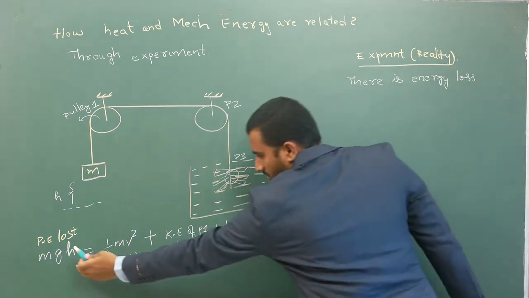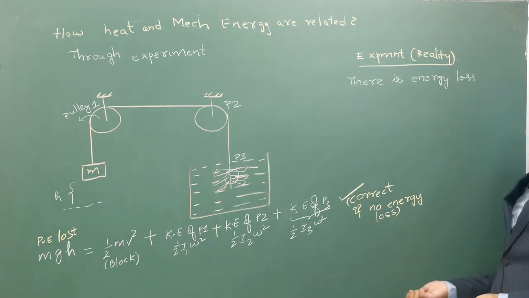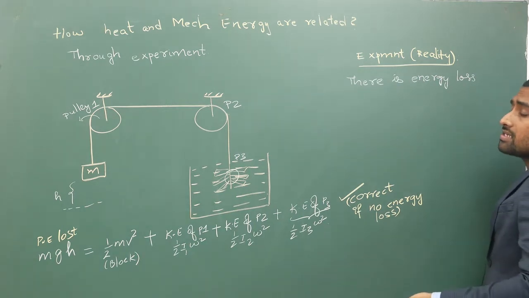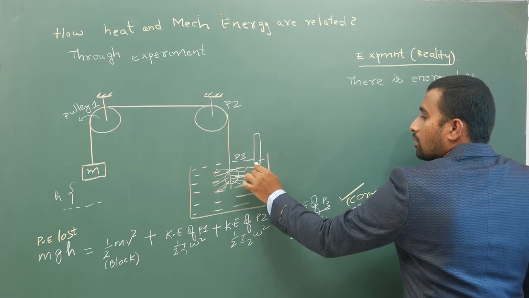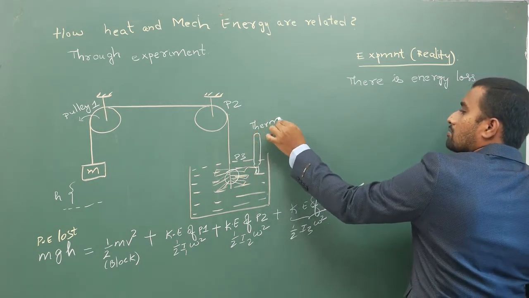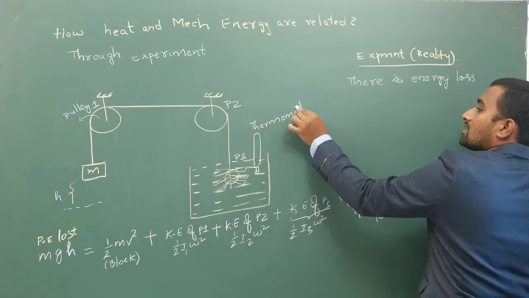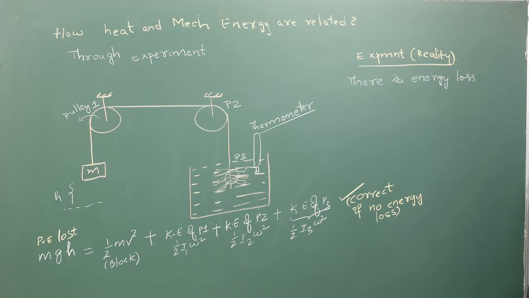When the left hand side and right hand side terms are not equal, obviously you will know that there is some energy loss. Next, if you add a thermometer within this system, this thermometer will measure the temperature difference.